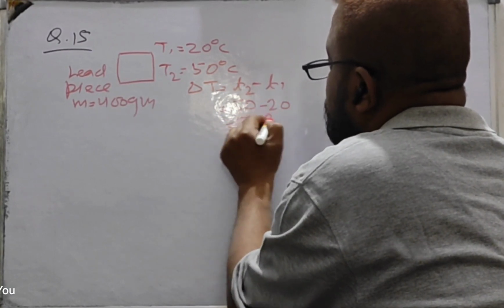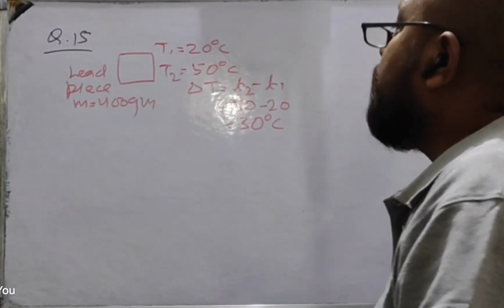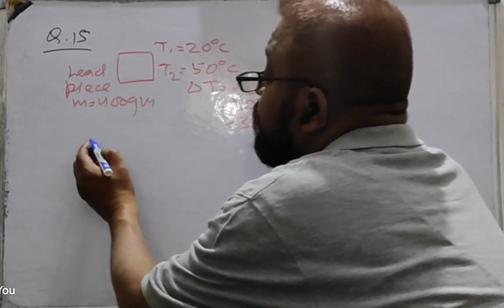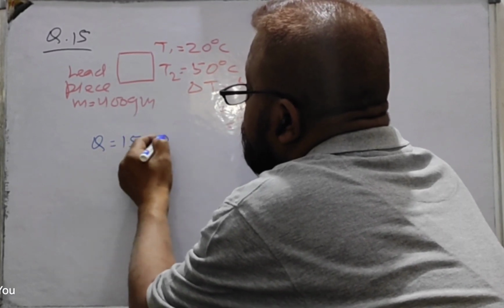T is the temperature of the mixture, 20 degrees Celsius, and T2 is the temperature of the lead piece, 50 degrees Celsius. It comes down from 50 to 20 degrees Celsius, so the change in temperature is 30 degrees Celsius.